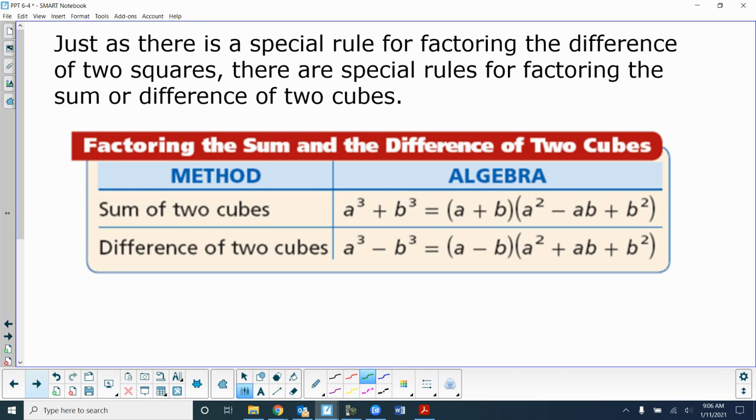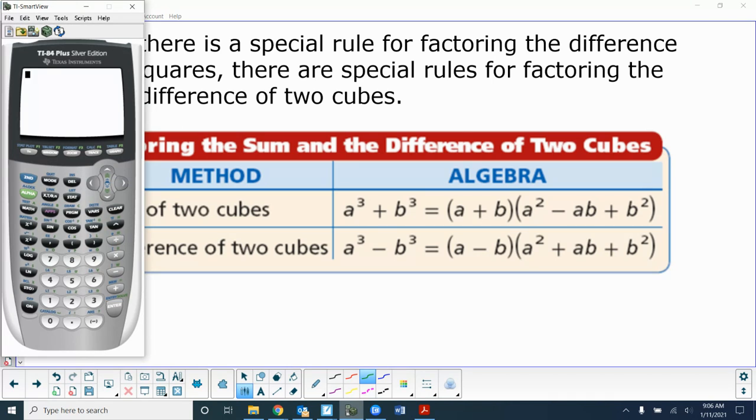Okay, if you're not sure, on your calculator, go to the math button, number 4. That's the cube root button. So hit 4, 125, let's say. That's a perfect cube. That's 5 times 5 times 5. Okay?